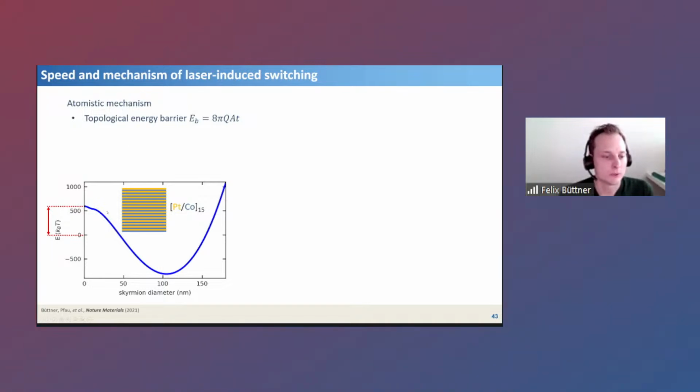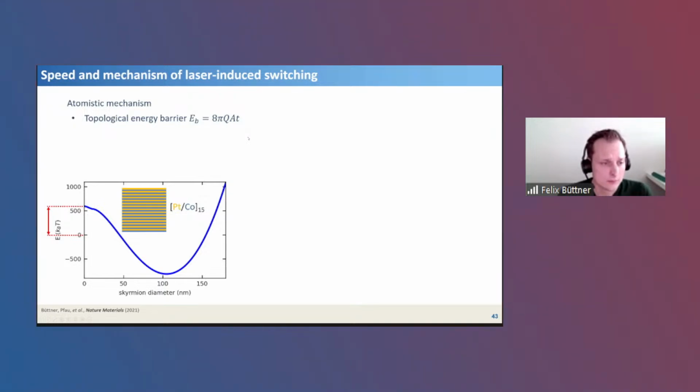If you plot the energy as a function of skyrmion diameter, then the skyrmion would sit here in that energy minimum, and the energy barrier is the one that goes from the field polarized state at 0 to that maximum energy between this state and this state here. This energy barrier is 8 pi times the topological charge times the exchange constant times the film thickness.